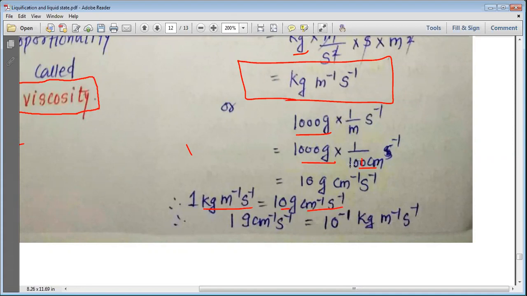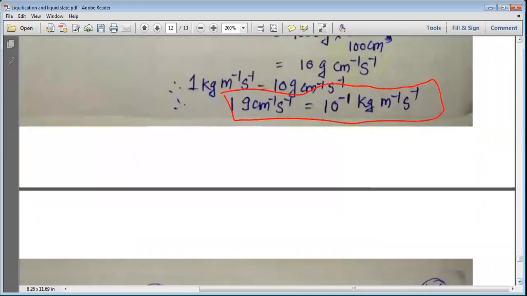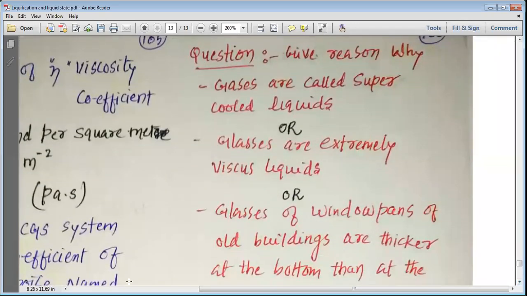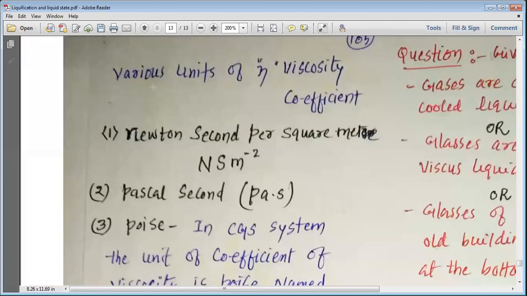By dividing 1000 by 100, we get 10, and this is how we develop this relationship, that 1 kilogram per meter per second is equal to 10 gram per centimeter per second, or we can say, my dear students, that 1 gram per centimeter per second is equal to 10 to the power minus 1 kilogram per meter per second. So these are also units of the coefficient of viscosity, and this is how, my dear students, we understand the various units of coefficient of viscosity.